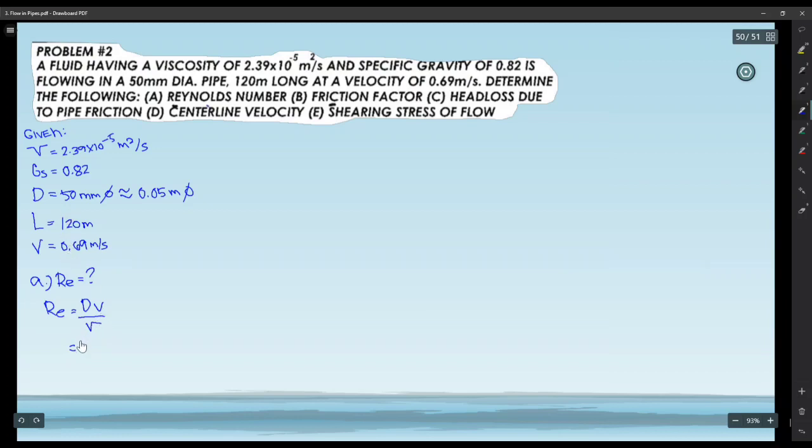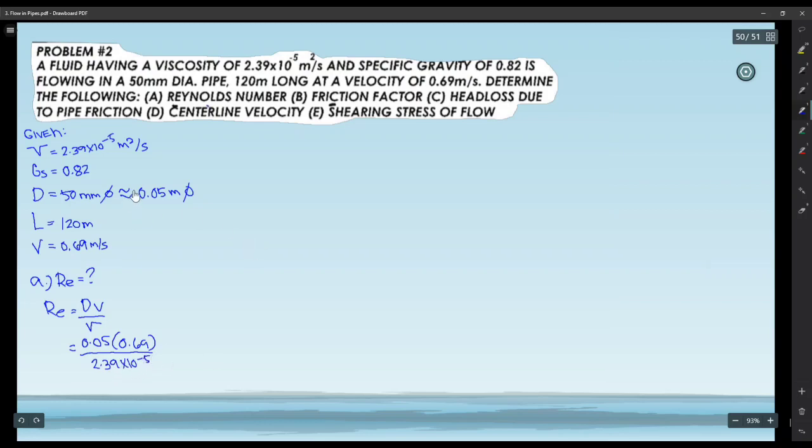Since given naman lahat yan, directly substitute mo lang, 0.05 multiplied by the velocity na 0.69, all over kinematic viscosity na 2.39 times 10 to the negative 5.